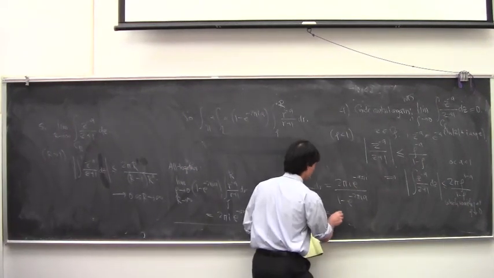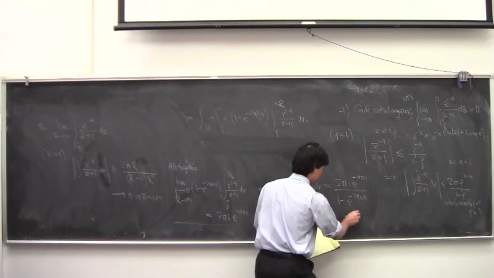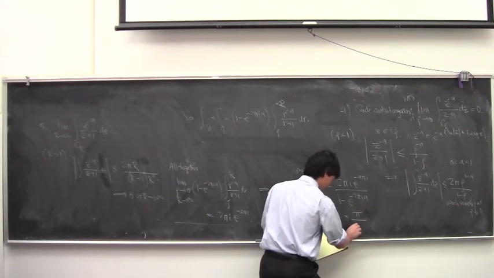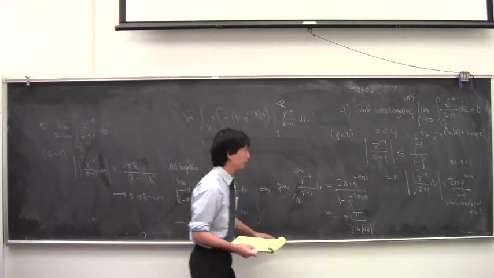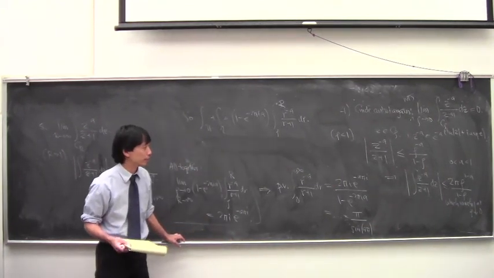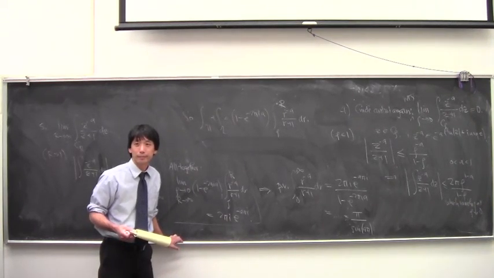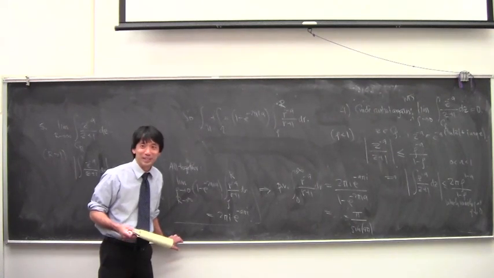Which, if you do a bit of simplification, actually turns into pi over sine of a pi, if you use the definition of the sine. So it's easy.